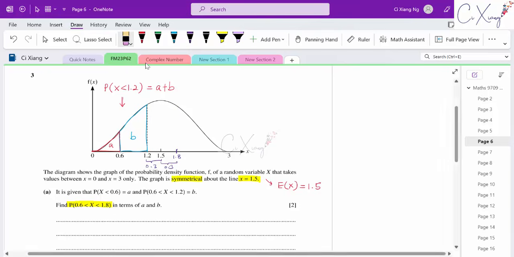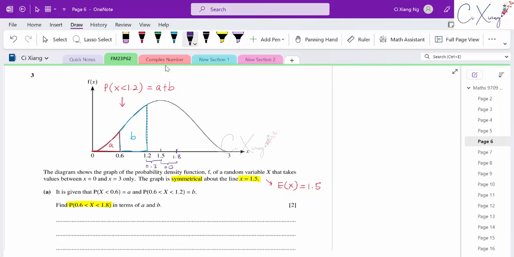That means the area smaller than 1.2 will be equal to the area greater than 1.8. So in general, the area that they want us to find out is this one, from 0.6 until 1.8.